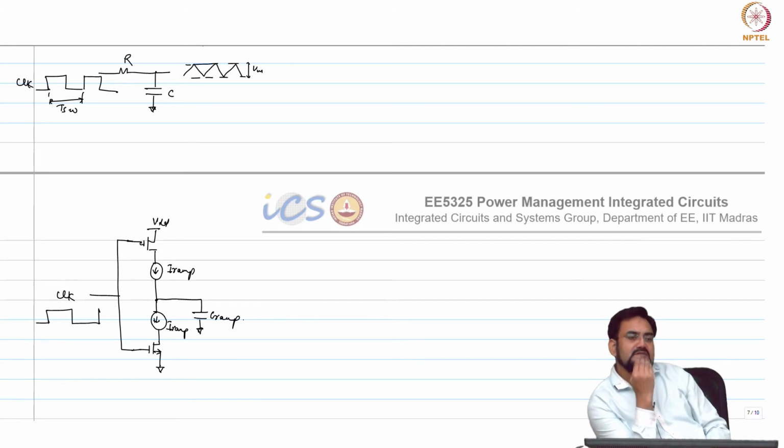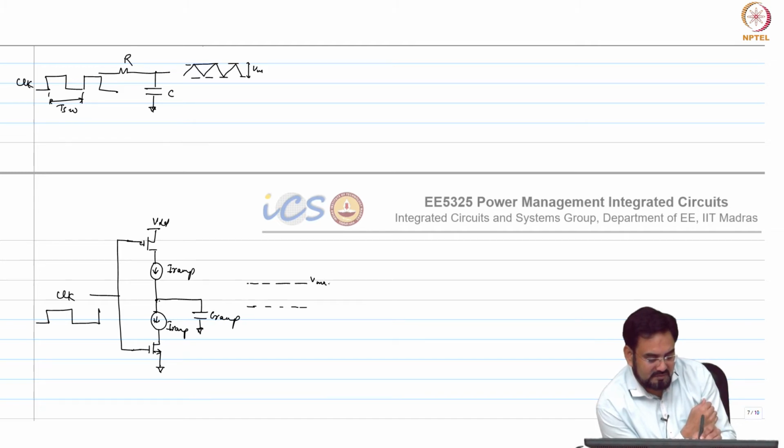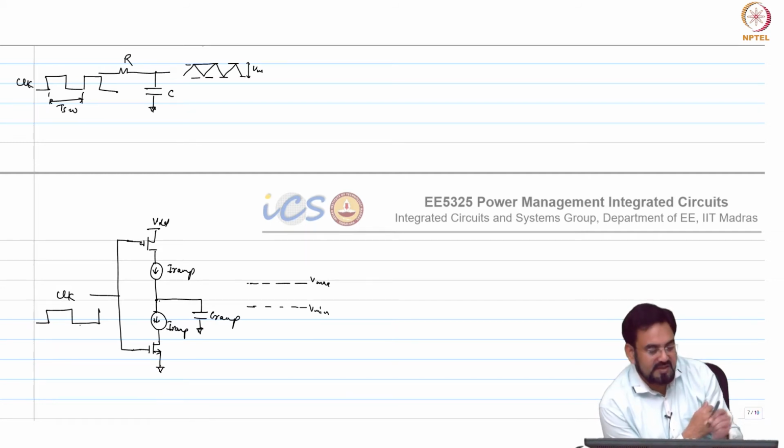So, for example, if PMOS is on, then when the PMOS is on, so let's say you have two levels, okay, Vmax, Vmin. So, when it goes to Vmax, your NMOS is turned on, PMOS is off, so it will discharge.